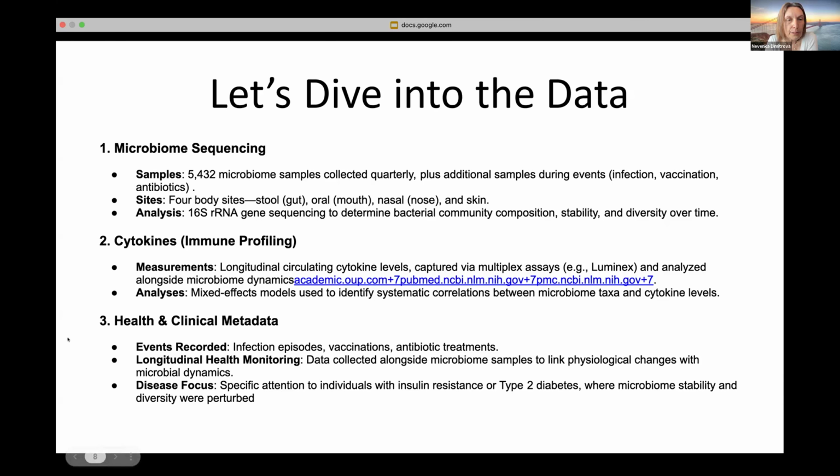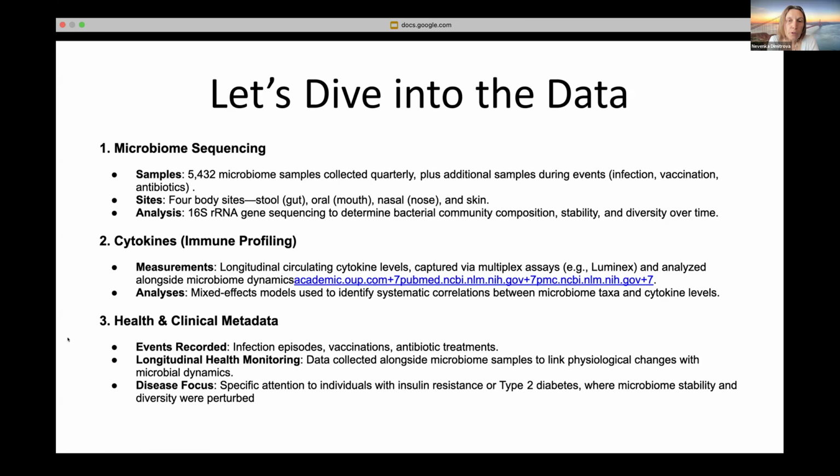But it's important that this contains many events that are recorded, meaning time of infection episodes, vaccinations, antibiotic treatments, as well as data collected so we can link these physiological changes with the microbial dynamics.